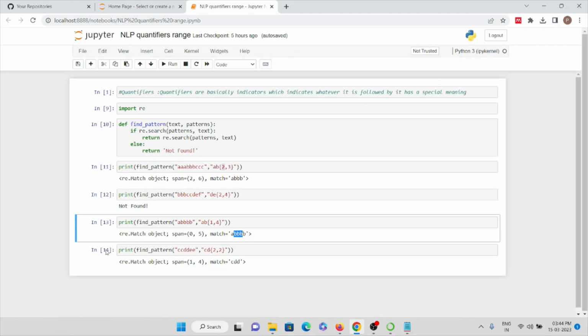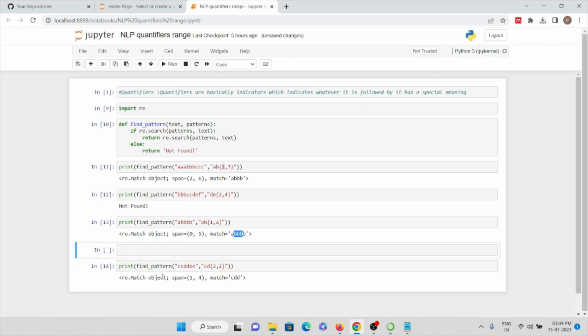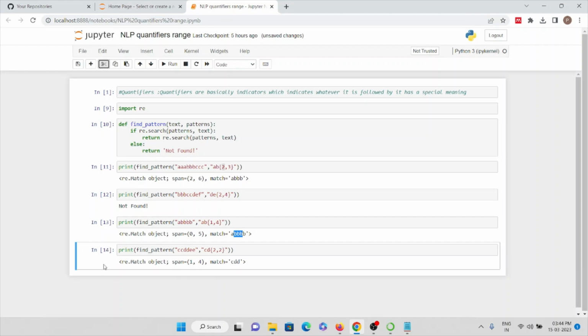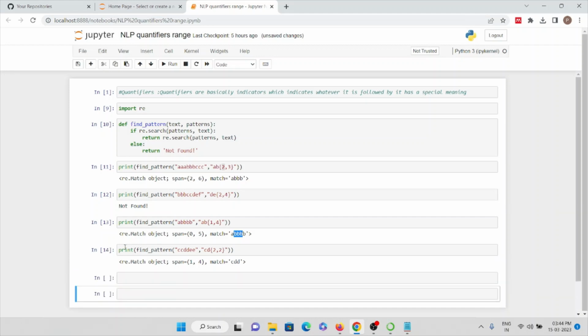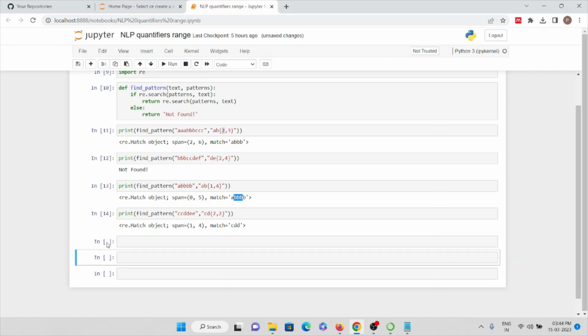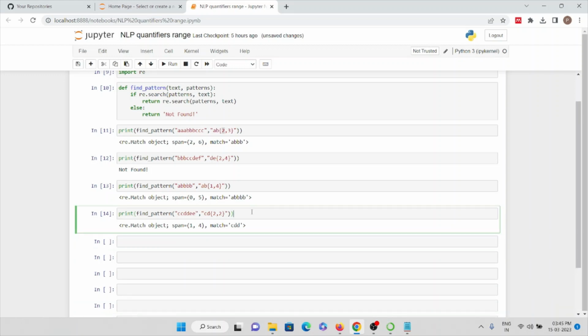Okay. And today in this particular video we are going to continue the same topic. But here, instead of giving a range, we'll give a specific number of times. So let's take this as an example. Here I have C followed by D, where D will be a minimum of 2 and a maximum of 2.